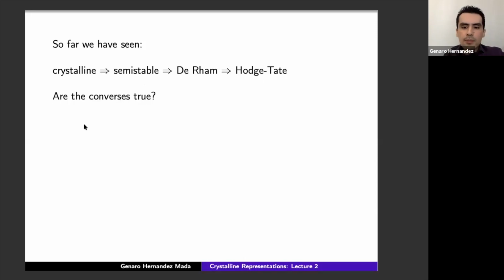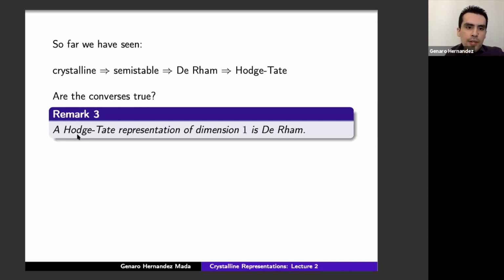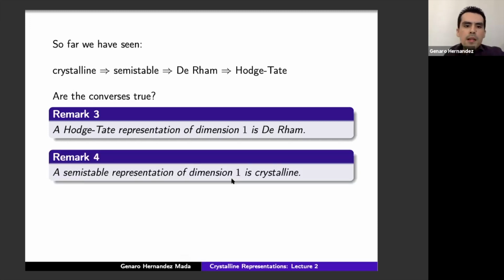But I would like to make a couple of remarks here. A Hodge-Tate representation of dimension 1 is always de Rham. That actually has to do with the cyclotomic character. And also a semi-stable representation of dimension 1 is crystalline.